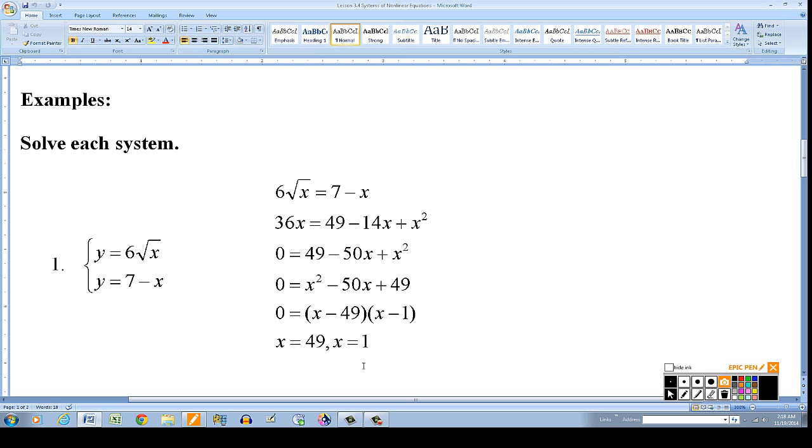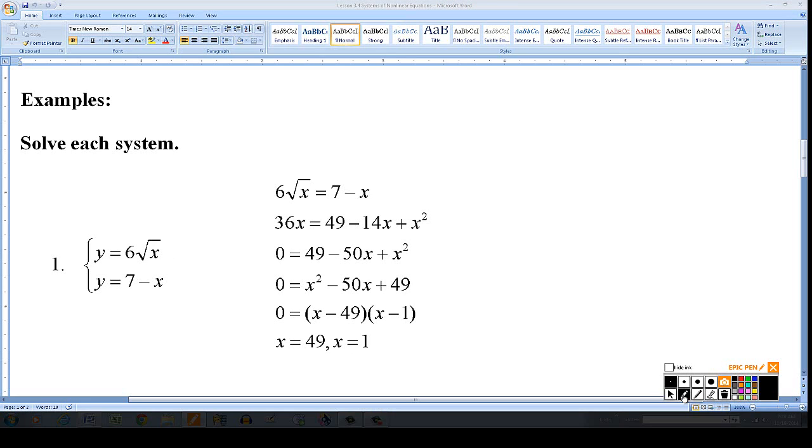Then we want to find the values of y that go with these values of x. So we go back and substitute into the first equation or the second equation. Let's replace the x by 1 in the first equation. The square root of 1 is 1, times 6, so y is 6.